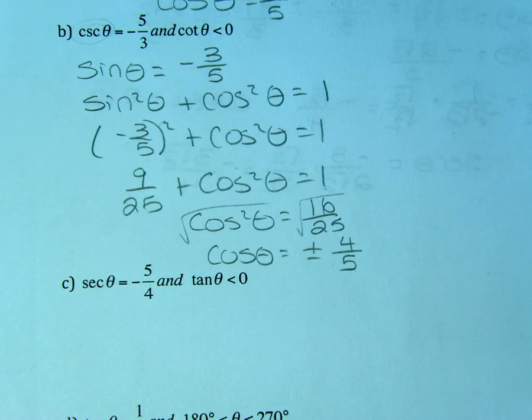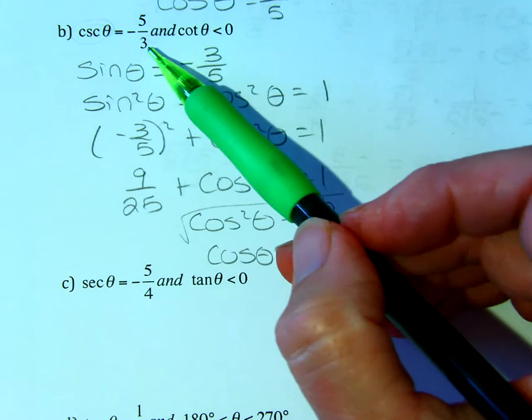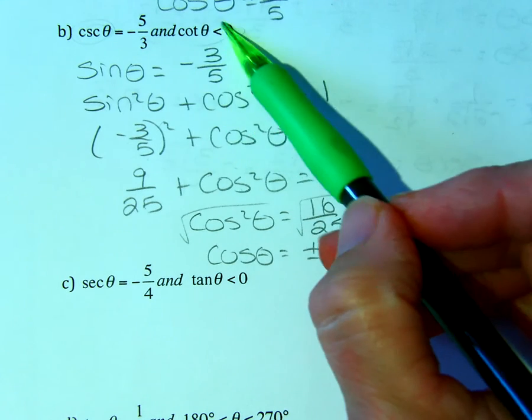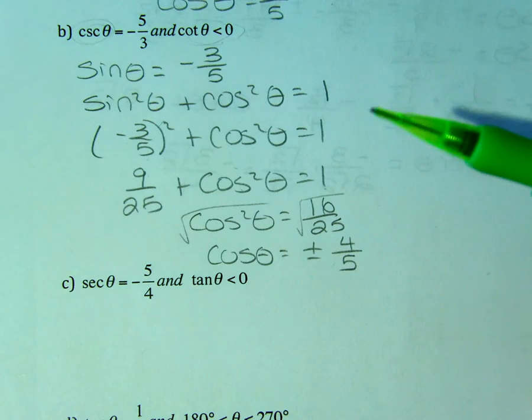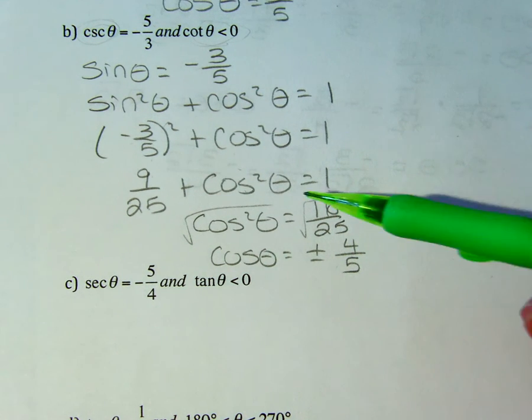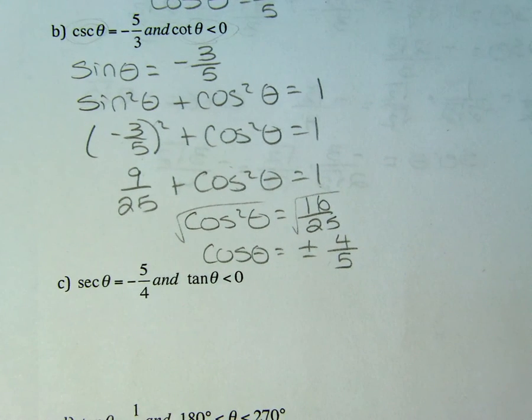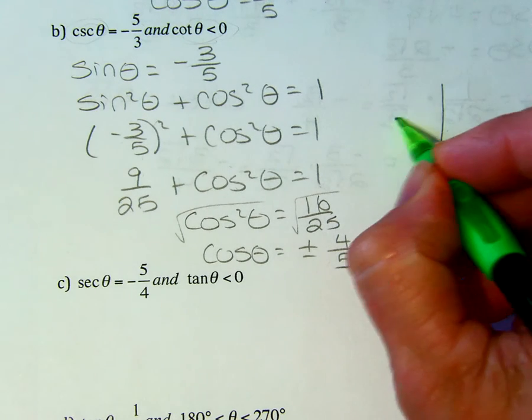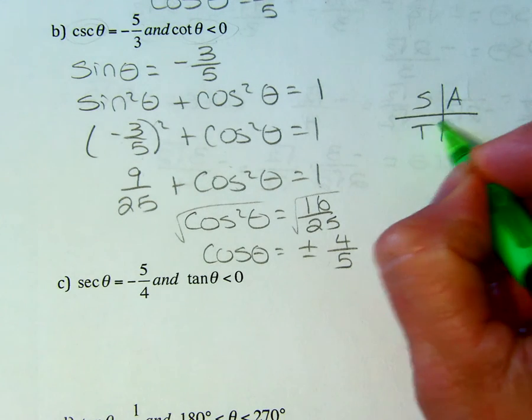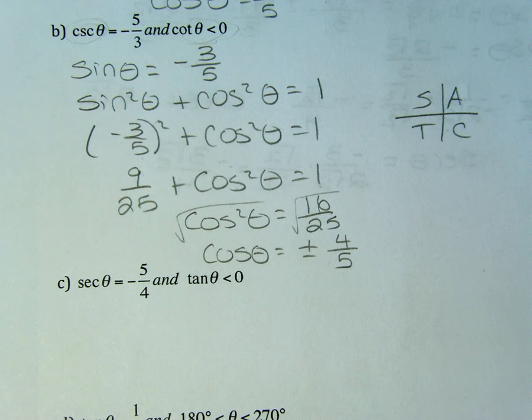Now here's the part where we have to figure out, is it positive or negative? Let's look at the information we're given. It tells us that cotangent is negative. Okay, but I want to know what cosine is. I don't know if it's positive or negative. So if you remember when I taught you, all students take calc, I said at some point this will be used in another problem.